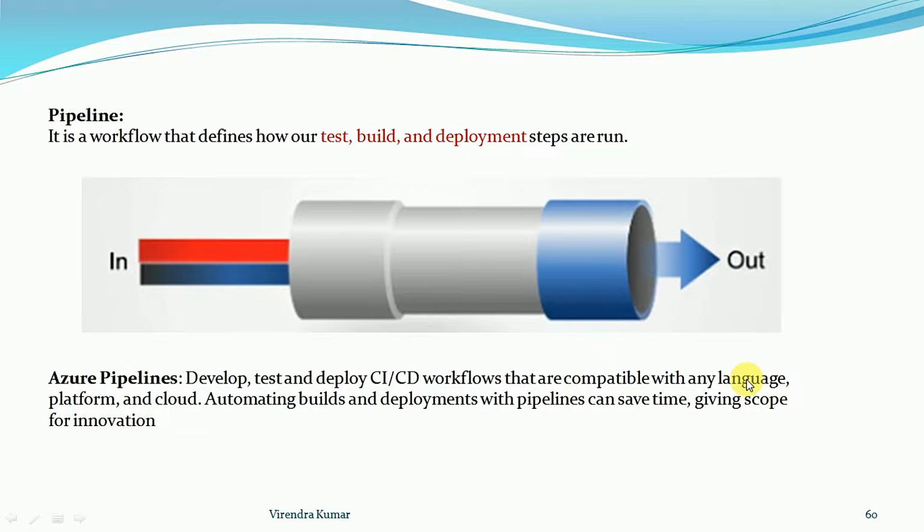These pipelines are compatible with any language. Your software can be in Java, Python, PHP, .NET, or any programming language. These pipelines are cloud based and platform independent, so you don't need to worry about whether you are using a Windows machine, a Linux machine, or a Macintosh machine.